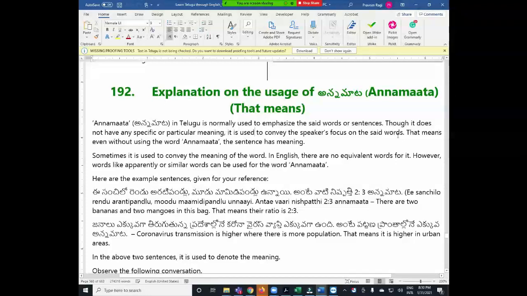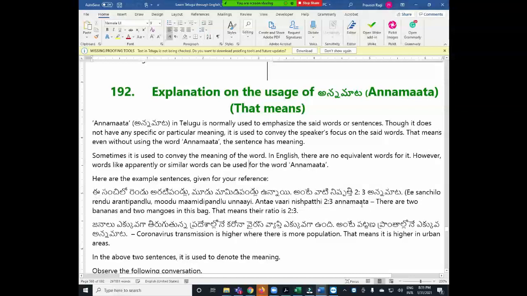We cannot get a word-to-word translation, but it highlights the previously said sentence or words. Sometimes it is used to convey the meaning of the word itself. In English there are no equivalent words for it. However, words like apparently or similar words can be used for annamata. Now with example sentences you can understand clearly.